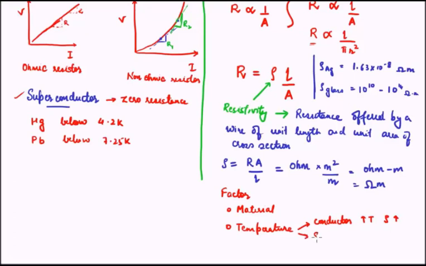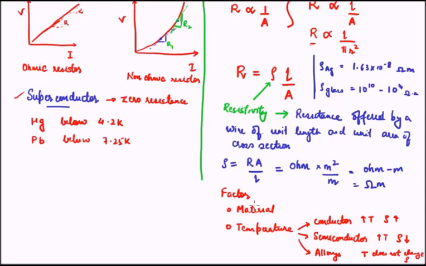For a semiconductor, on the other hand, with increasing temperature, resistivity decreases. We will not go into the physics of it, but you should know that for a semiconductor, the temperature property of resistivity is opposite to that of a conductor. And for most of the alloys, temperature does not change resistivity.